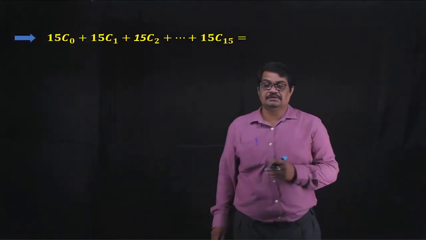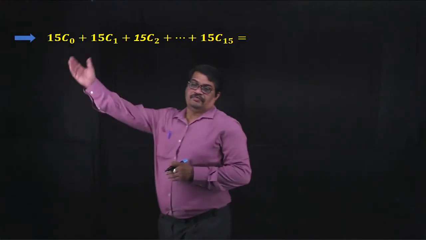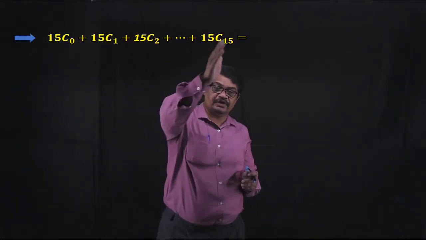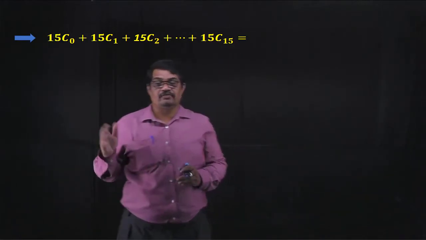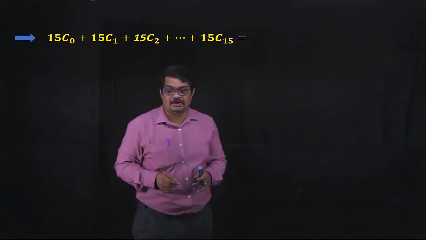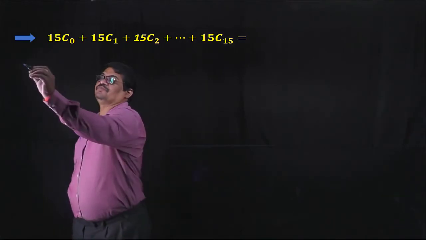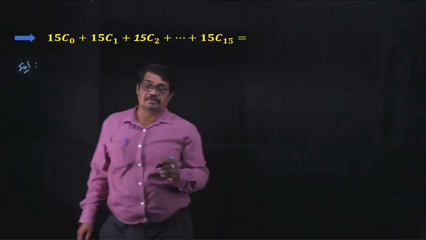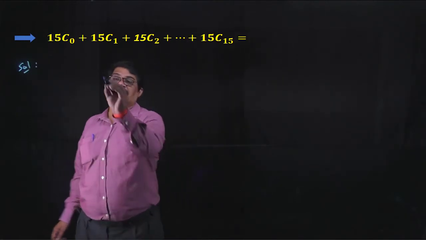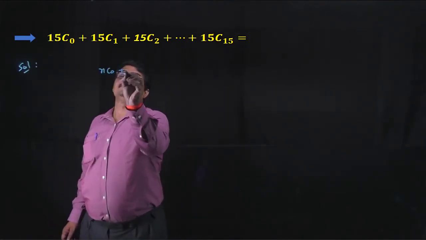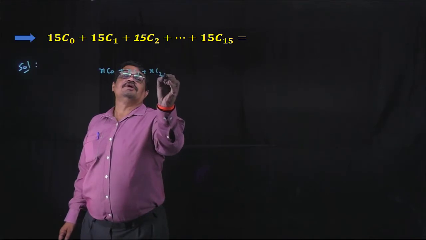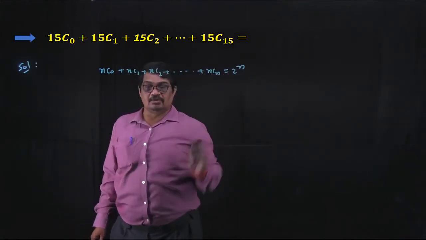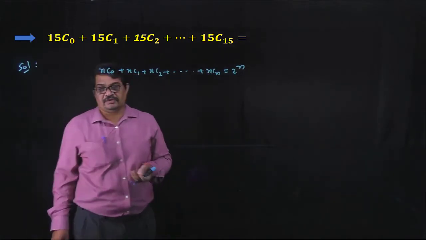Okay, see the next problem: 15C0 + 15C1 + 15C2 and so on up to 15C15. So now we have to find the sum of these binomial coefficients. See the solution. You know that nC0 + nC1 + nC2 and so on up to nCn, the sum of the binomial coefficients, is 2 to the power of n.